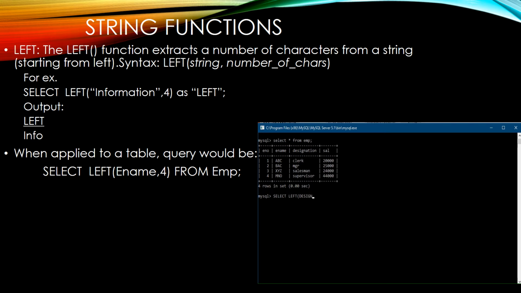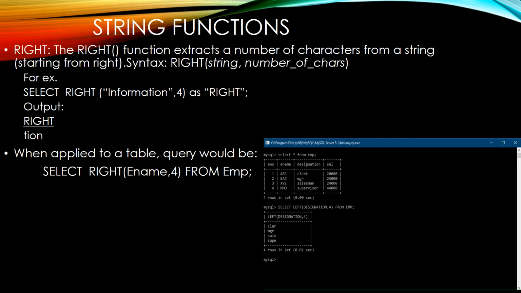From the designation field I want to retrieve 4 characters from every name from its left position. So I will write the field name, then the number of characters that you want to extract from the left side. After that the table name. This would be the output. So this way you can use the left function.